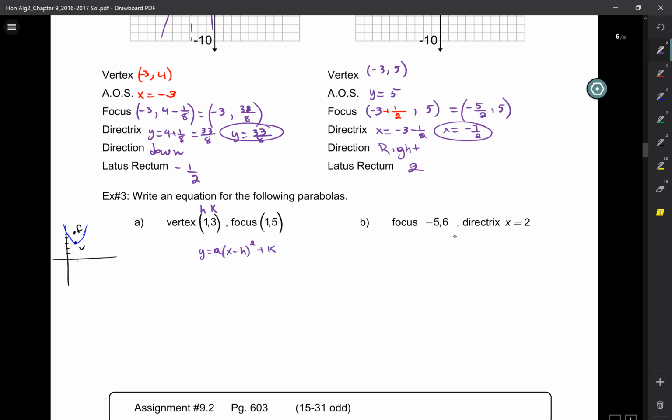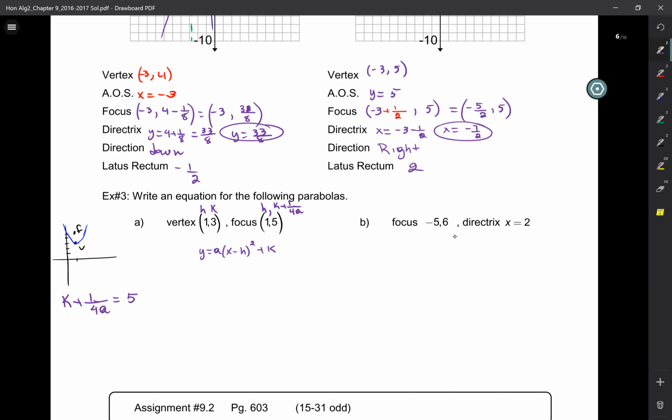Because that's going to be at h, comma, k plus 1 over 4a. Does that make sense? So, for my formula here, I have h, I have k, I don't have a. So now I need to use this information to find a. So, k plus 1 over 4a is equal to 5, right?